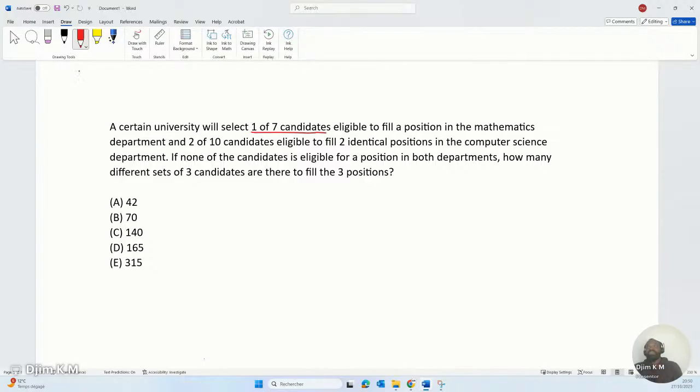And so for the first position, we have to choose one out of seven.